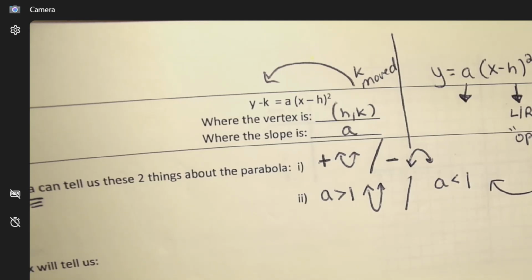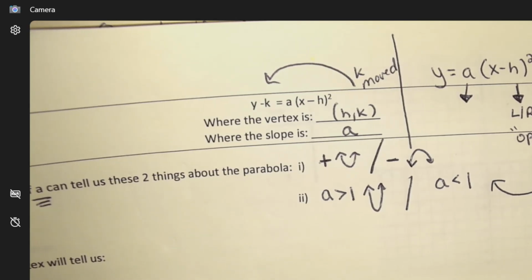And if A was less than 1, it went wider arms. And the vertex is going to tell us where to start. That vertex is always the most important thing, and it's going to be the starter to everything. We're going to base our symmetry around it.